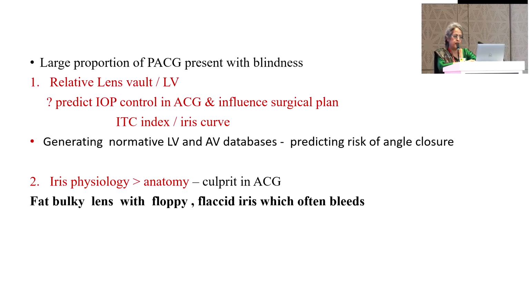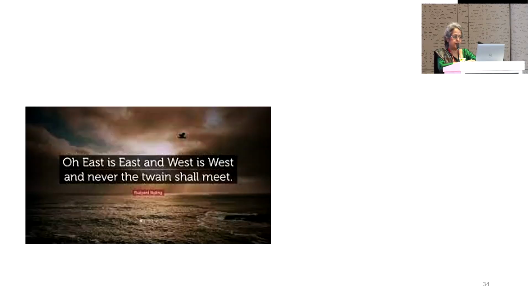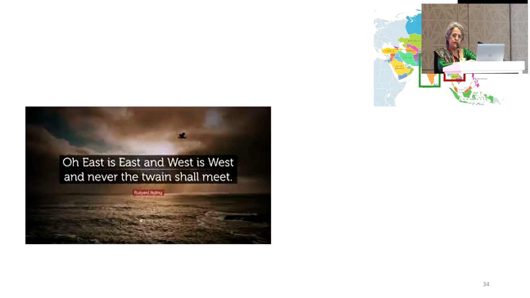It's a culprit in angle closure glaucoma. We have a fat, bulky lens with a floppy, flaccid iris, which often bleeds. So both phenotype and the behavioral characteristics are different. So to conclude, even these studies from Asia, from let's say China, Singapore, and India, are showing different ethnicity. Thank you.